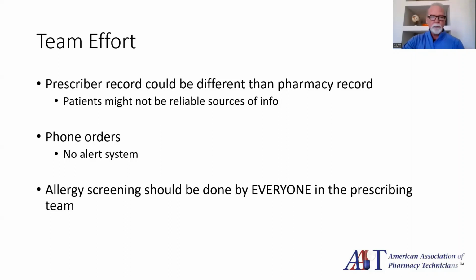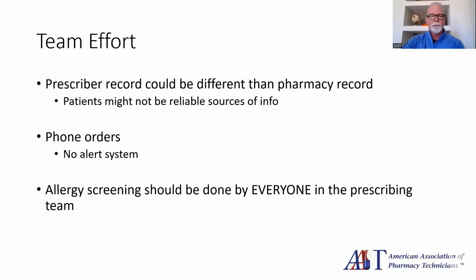One area where we can be tripped up is phone orders. How many doctors' offices call you and order medications for patients over the phone? That person ordering, i.e. me, when I'm on call, if I'm out at the mall or something and I get a call that I need to order a medication for a patient, I'll call the pharmacy and I won't have that patient's record in front of me.